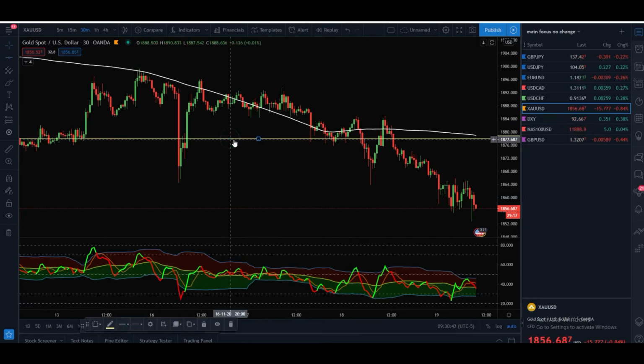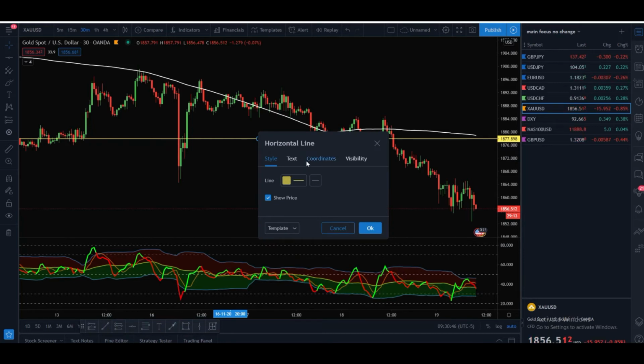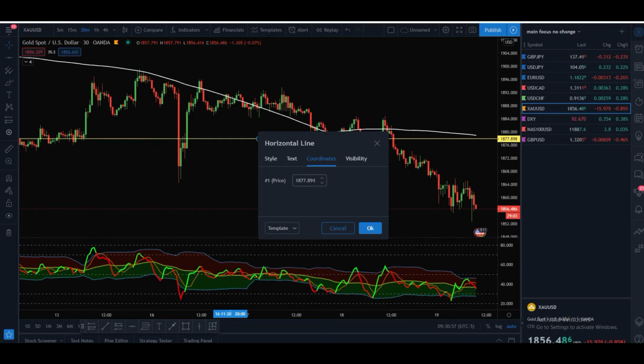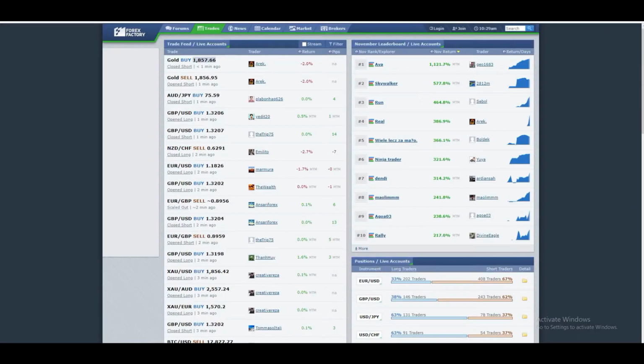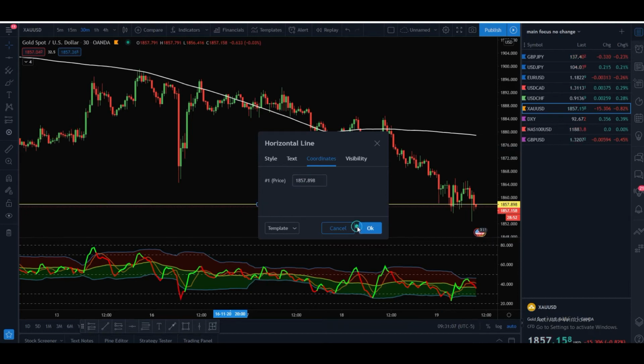I drop it in. Then I go to settings. Then I drop this in here. Boom. So 1857, right? You press OK. So you see where exactly they put that buy in.